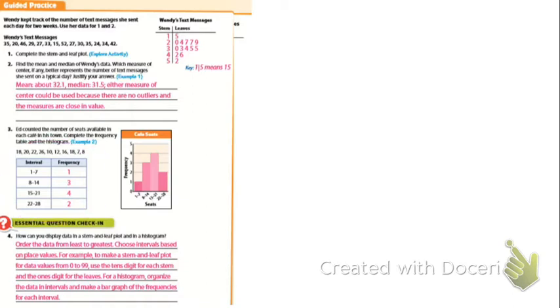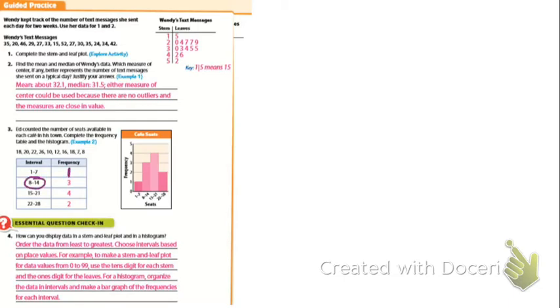And right here, when it comes to frequency, see number 3. They're telling us that Ed counted the number of seats available in each cafe in his town. Complete the frequency table and the histogram. So the interval, ladies and gentlemen: how many cafes had available seats from 1 through 7? There's only one that falls into that category, so that's why they came up with 1.